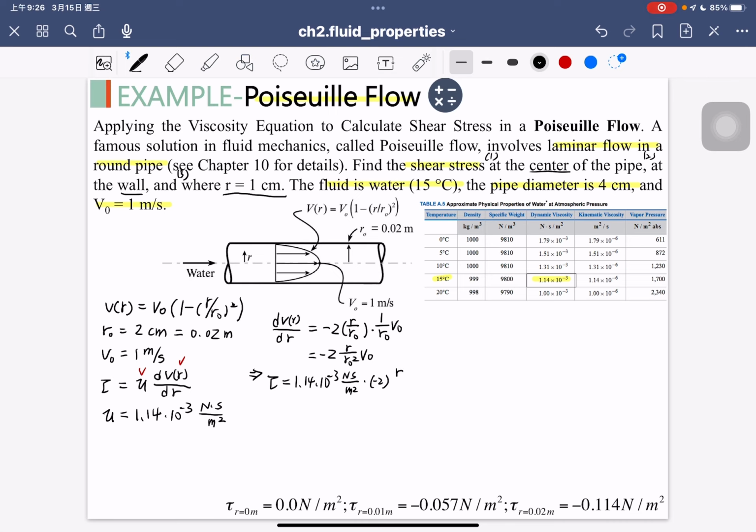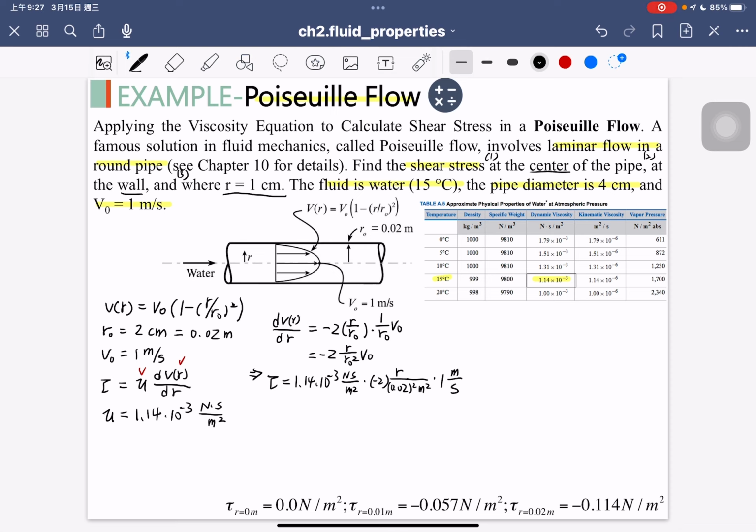It's our unknown parameter. And we actually know the r0 is 0.02, and we should have the square. And then the dimensional units is meter square, because of r0 square. And the velocity is 1 meter per second.